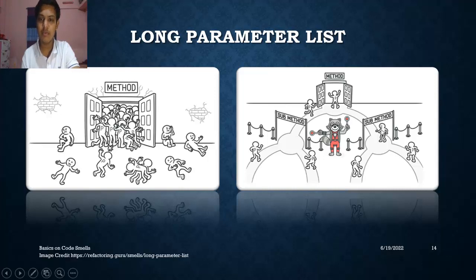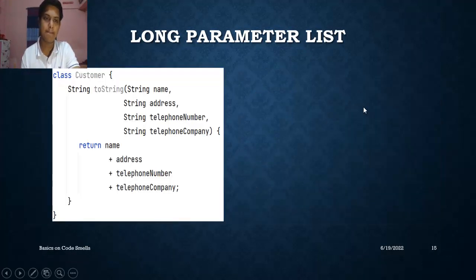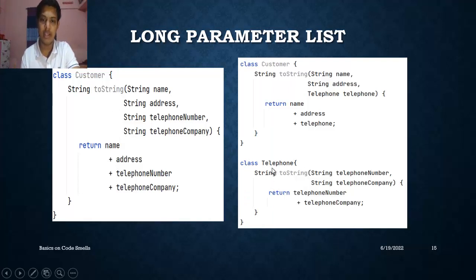If we make sub methods, then it will be easier to maintain the code. For example, the customer class can have 4 properties to add to the toString method to print. But if we break it down into a new class called telephone, which will take 2 properties and work with them, then our parameters at the customer toString will be reduced.